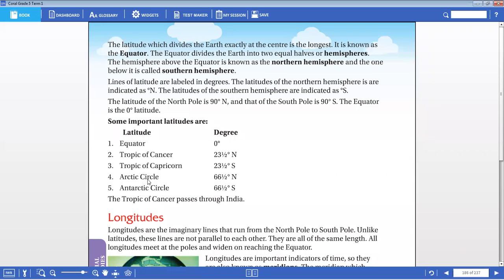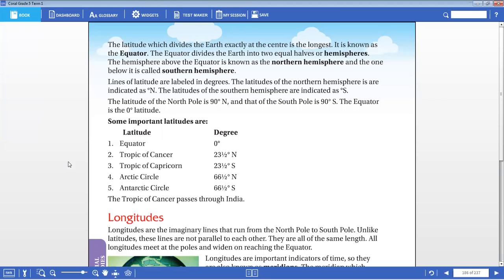Here we have 5 important latitudes, children: Tropic of Cancer, Tropic of Capricorn, Arctic Circle, Antarctic Circle. Among these, the Tropic of Cancer passes through India. These are all imaginary lines, children.